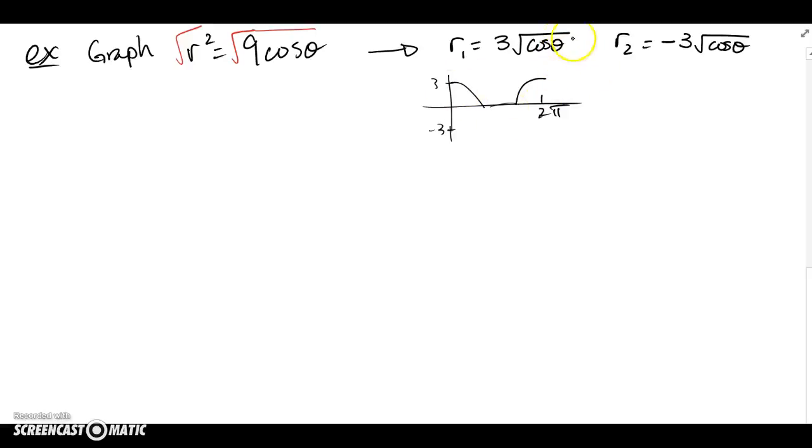Not exactly like this, because I'm going to take the square root of that cosine, but it'll look something like this, and in this region between pi over 2 and 3 pi over 2, since cosine is negative, it'll not contribute anything. And the other curve will be very similar, except it's reflected about the x-axis, so I'll get a region here and here for that one. But let's go confirm and quickly look at the TI.